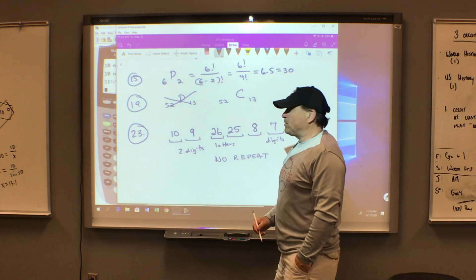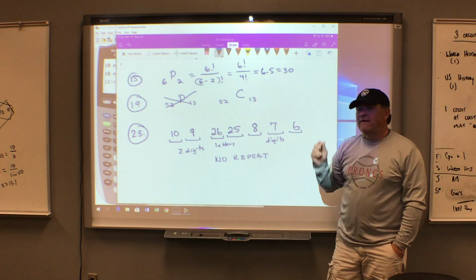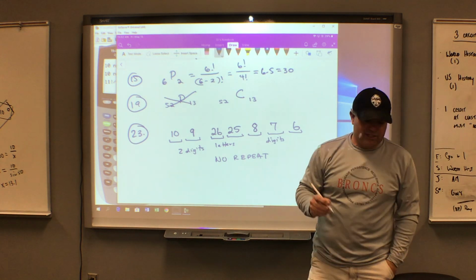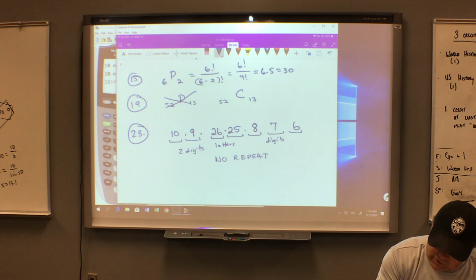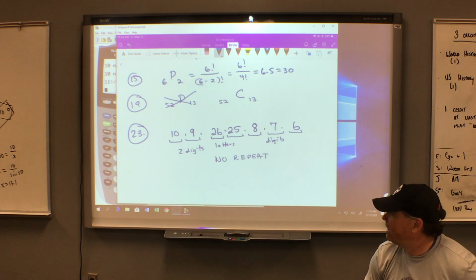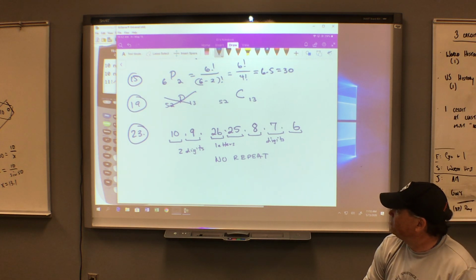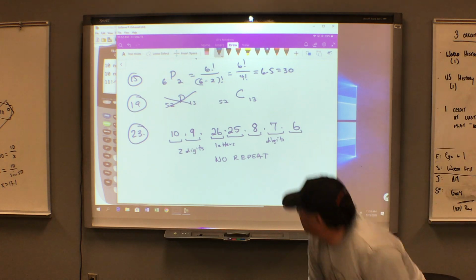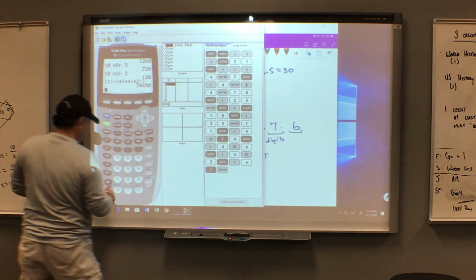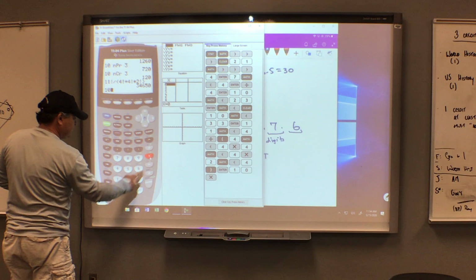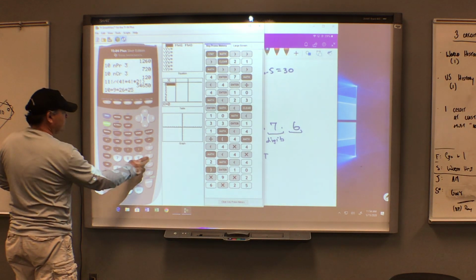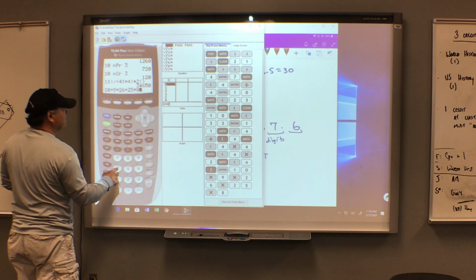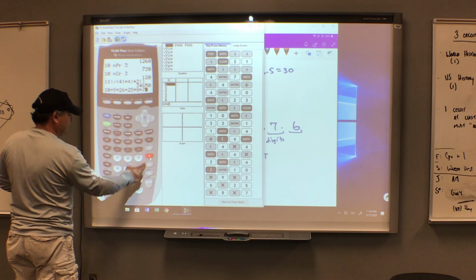And this is a counting principle. We basically just counted up the number of options we had for each thing, and then if we wanted to find the totals, we're going to multiply those all together. And that's going to be a really large number. We're going to go 10 times 9 times 26 times 25 times 8 times 7 times 6.